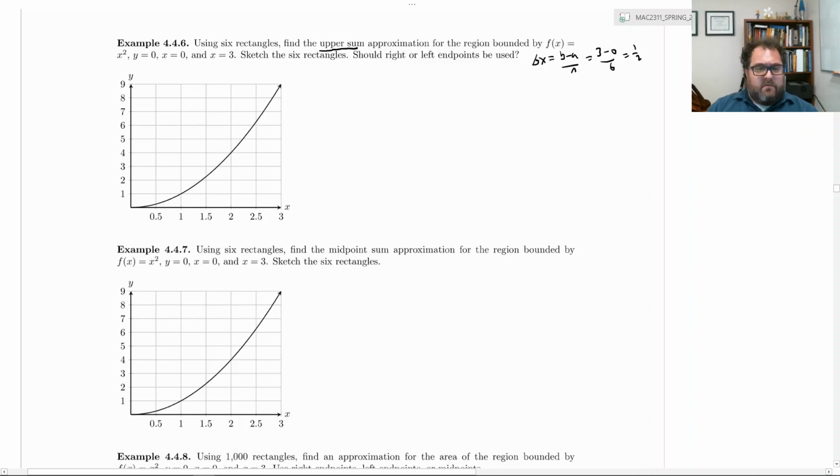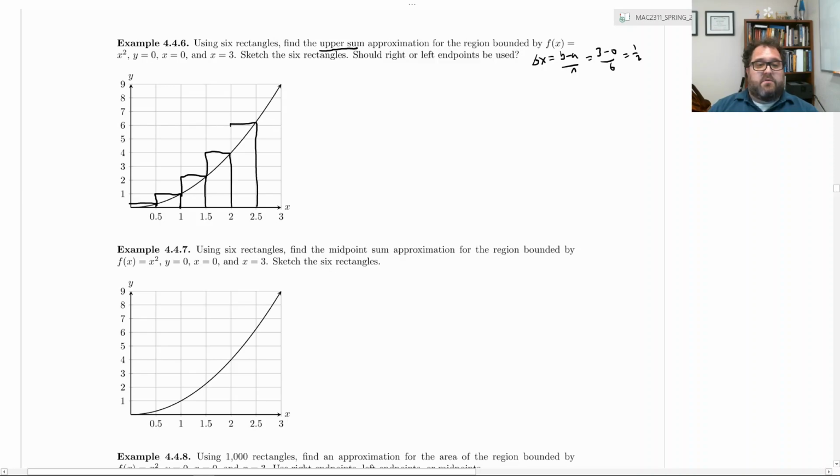Here's the right-hand side of the first rectangle. I go up to hit the curve, and that's the height of my first rectangle. Here's the right side of the second rectangle, go up to hit the curve, and there's the height. Third rectangle, go up till I hit the curve. Fourth rectangle, go up till I hit the curve. Then the fifth rectangle, go straight up till you hit the curve.